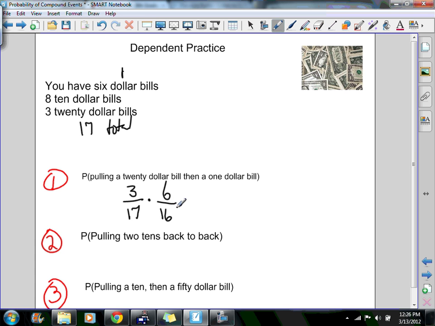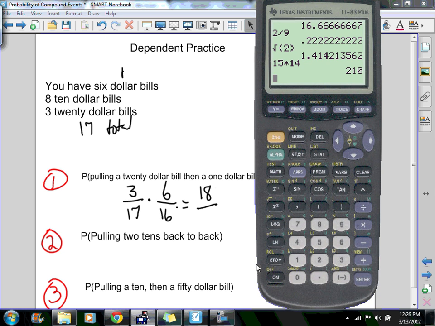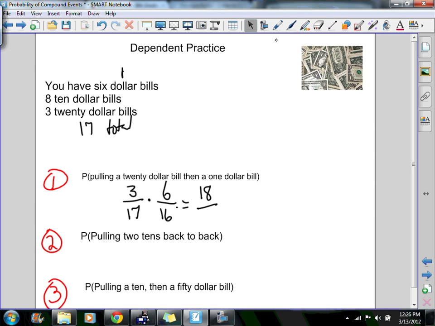So now in order to get the probability between them, I'm going to multiply these out, which is 18 over 17 times 16, which is 272. Now I can divide by 2 because they're both even, so I get 9.